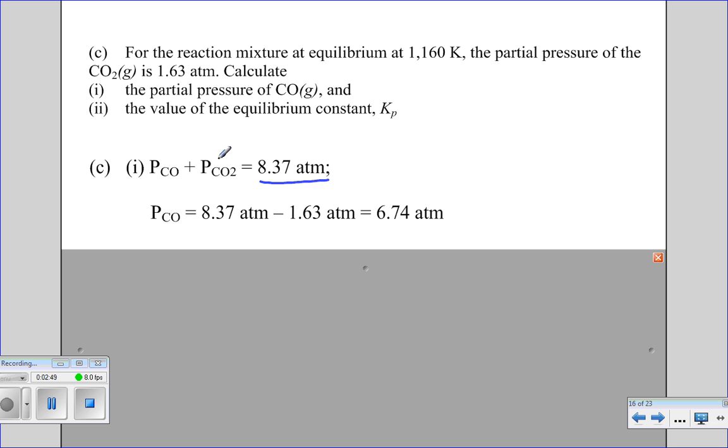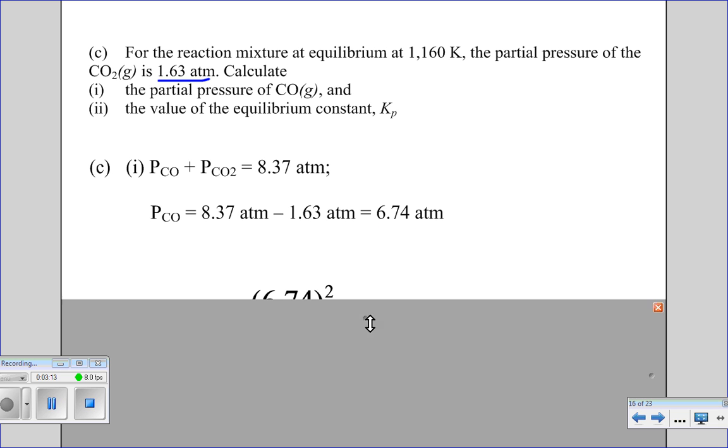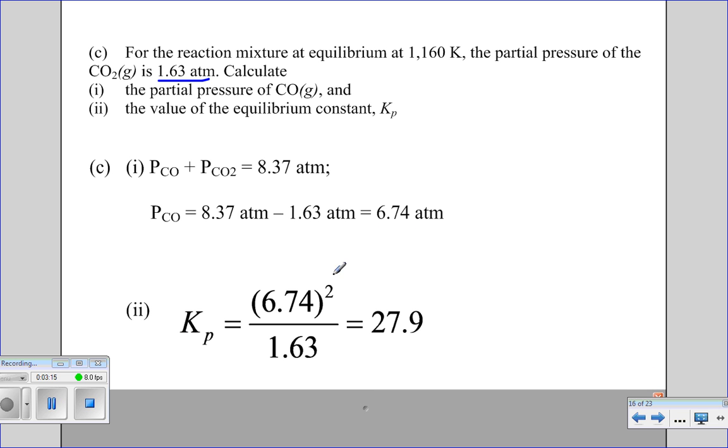Given the partial pressure of CO2, I can substitute it and do a little algebra to solve for the partial pressure of carbon monoxide, and I find that it is 6.74 atmospheres. Now I know both partial pressures, 6.74 and 1.63, and I can substitute them into the expression. Remembering, I've got 2 carbon monoxides for every carbon dioxide, so that's why I get a 2 up there. And I come up with a Kp of 27.9.